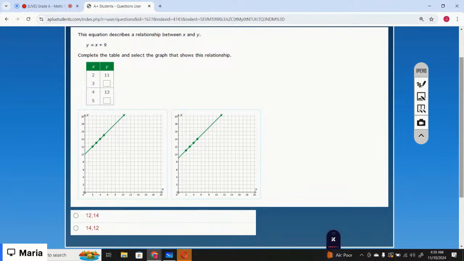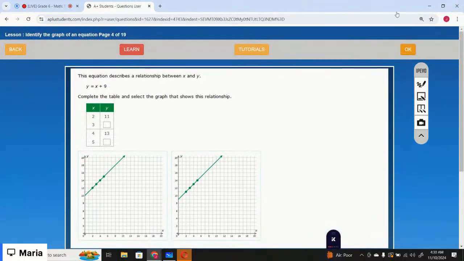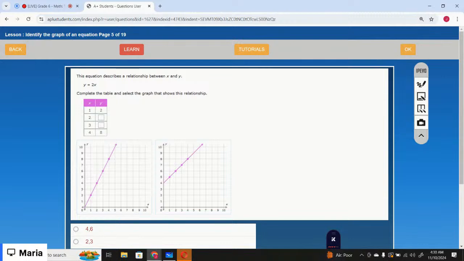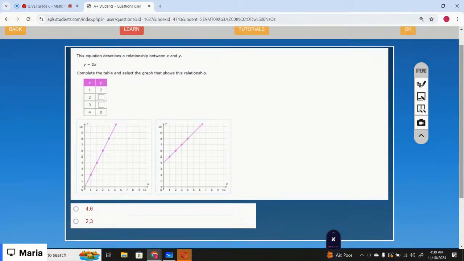The correct option is, very good. Option number 1 is the correct option, that is 12 and 14. Okay, the next one is, this equation describes the relationship between x and y. The equation is y equals 2x. So which is the correct option?